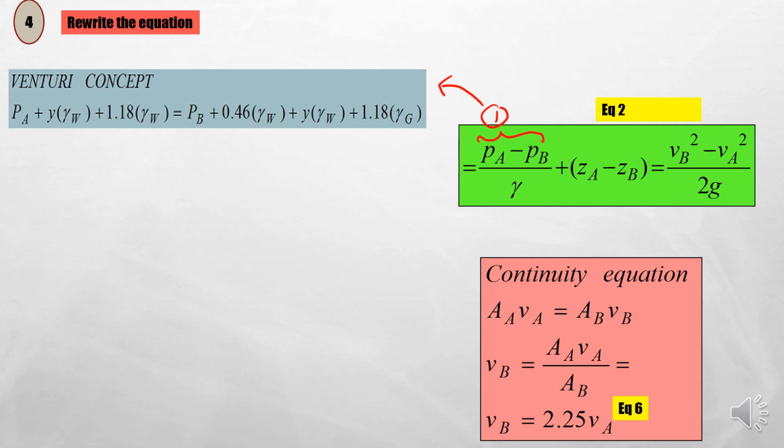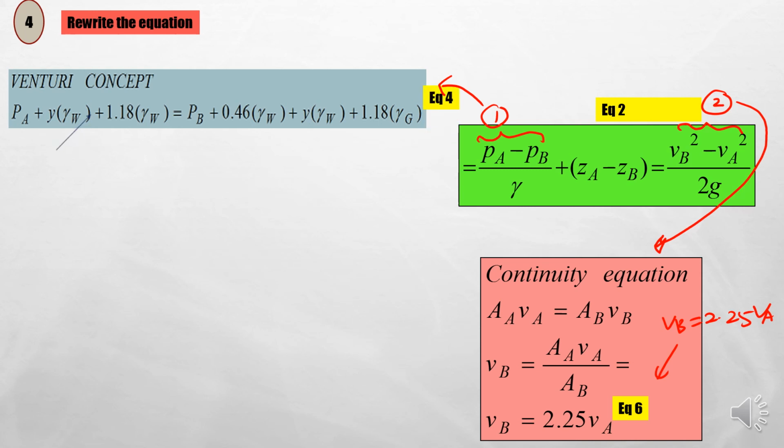And for term 2, we solve it using the continuity equation, from which we get VB equals 2.25 VA. Now let's take a look at how we can use the manometer equation to solve term number 1.